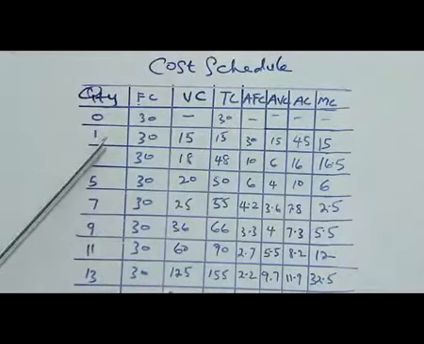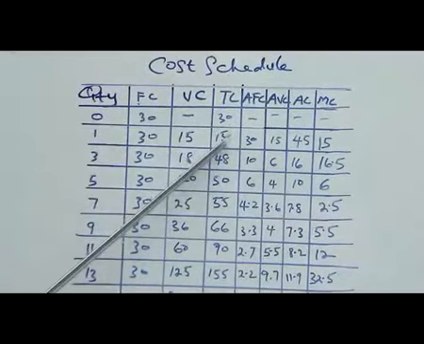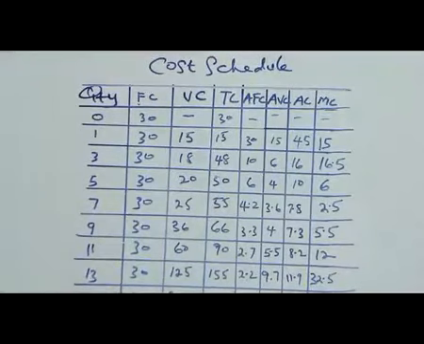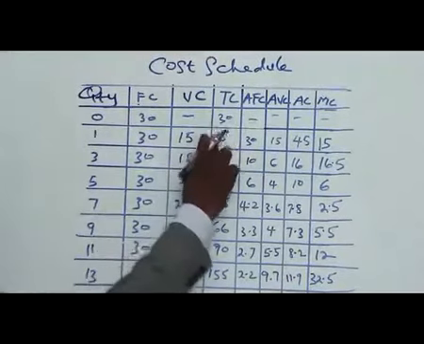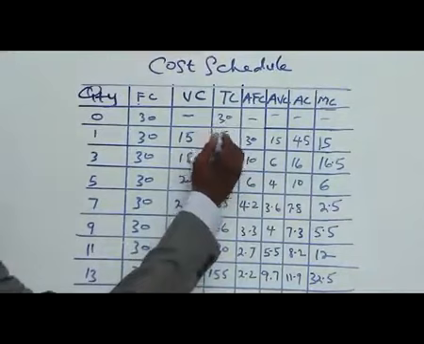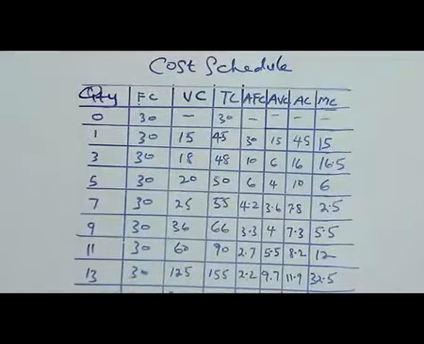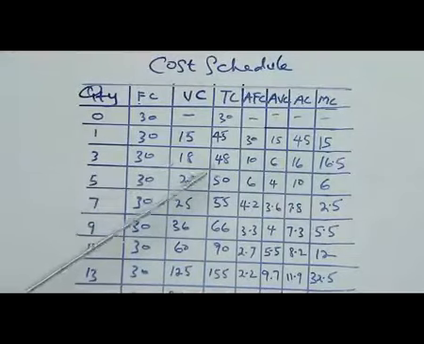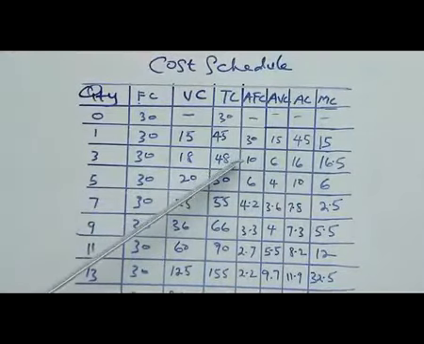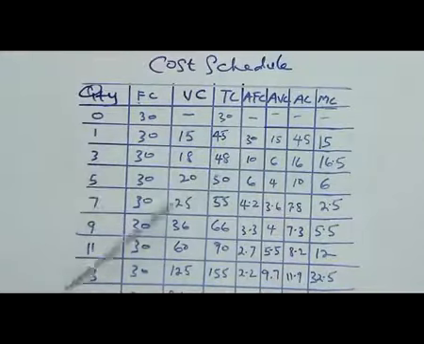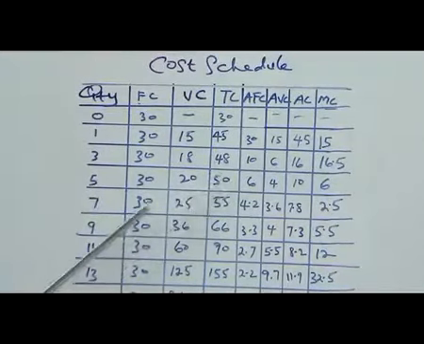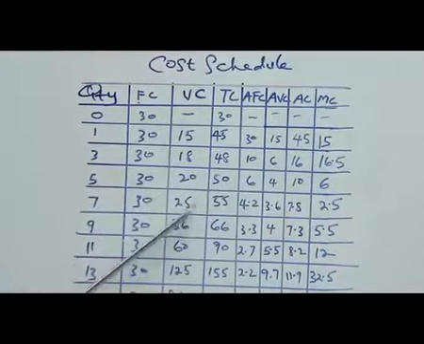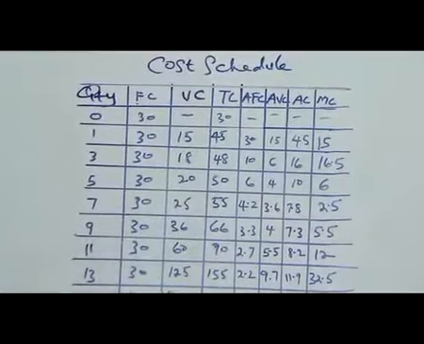When a unit is produced, we have total cost to be 45. When 3 units are produced, we have the total cost to be 48. When we have 5 units, we have total cost to be 50. So addition of fixed cost and variable cost will give us total cost.